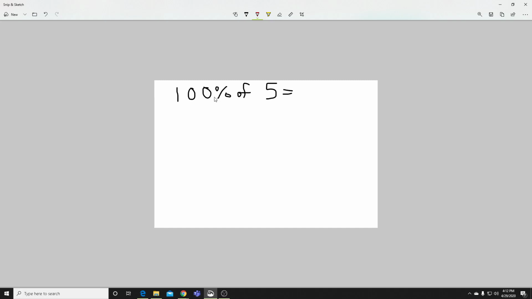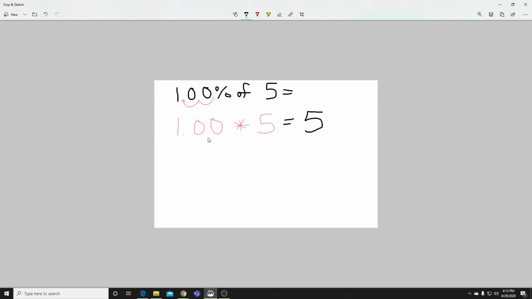So all you would have to do is we follow our normal steps, convert this to decimal form, and this would give us instead 1.00 times 5. And that was the same steps we did, just with the other decimal problems. So 100% of 5, well, to find that, you can do 1 times 5, and this shouldn't be surprising for anybody, but 100% of 5 would be all 5.